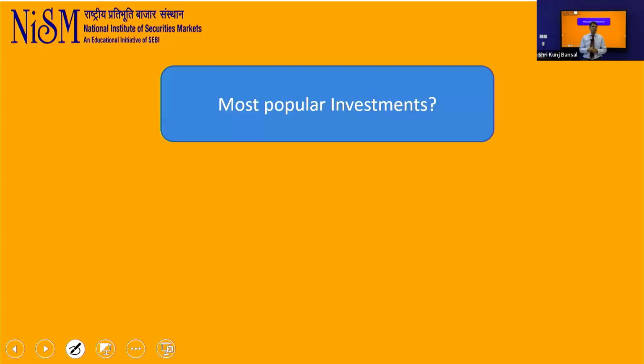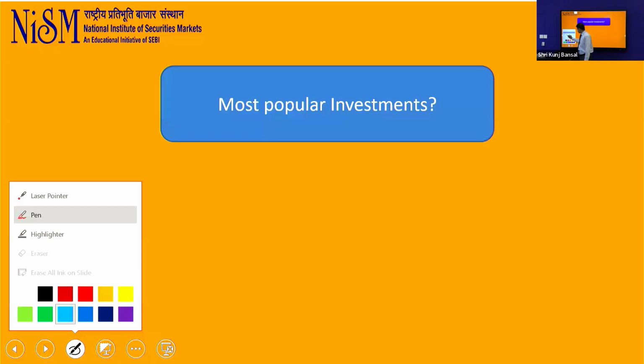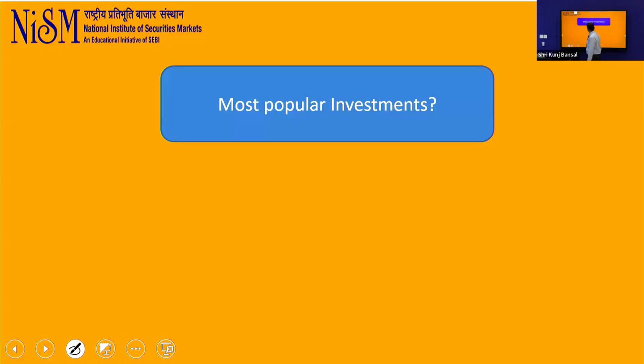What's the second most popular investment that we have in India? Some of you had already answered that in the earlier part, so I'll move on. So you are right. Yeah, okay. So we have gold as the first, and second is property.